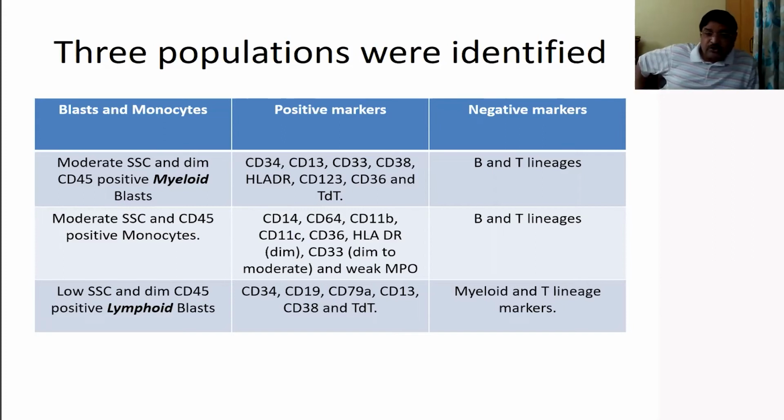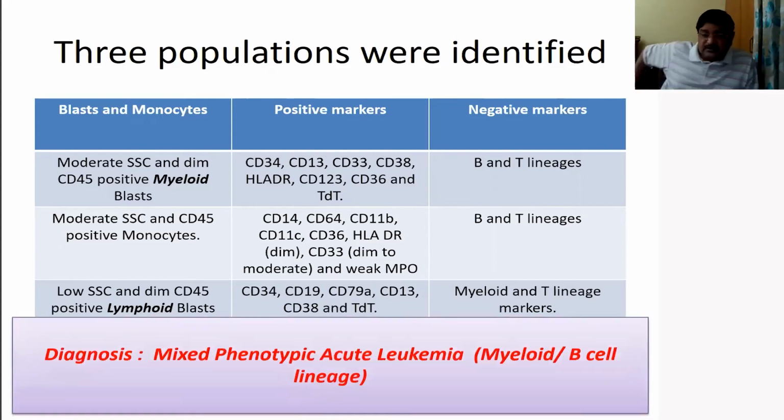So this has B and T lineages and myeloid lineages. So what will it be? Next. This is acute leukemia of ambiguous lineage in the current classification, or you can say mixed phenotypic acute leukemia, myeloid B cell lineage, because the CD19 was strongly positive with myeloid antigens being positive. So this is acute leukemia of ambiguous lineage. Next.